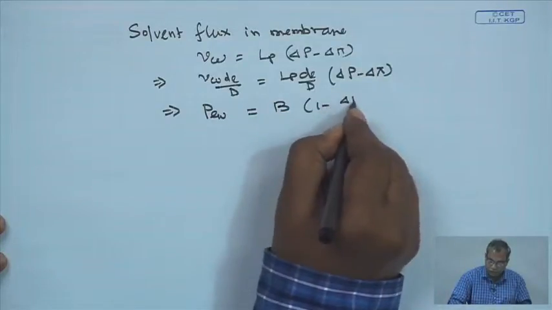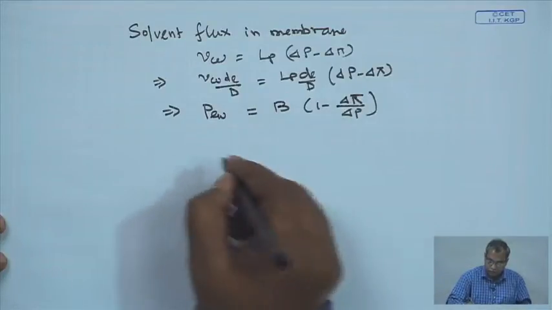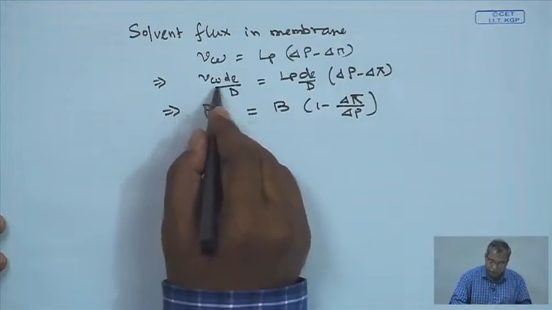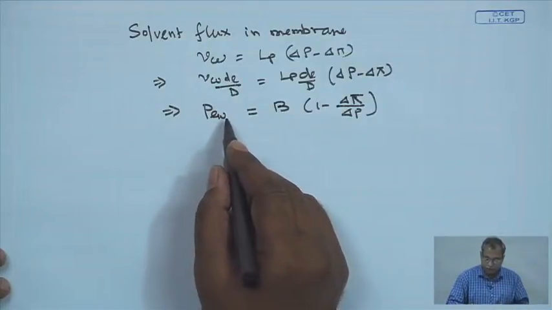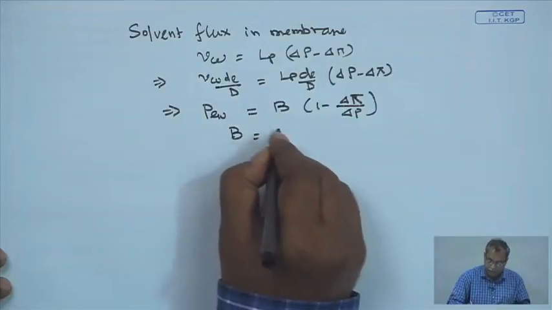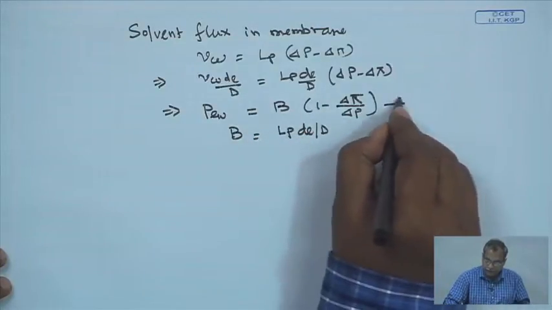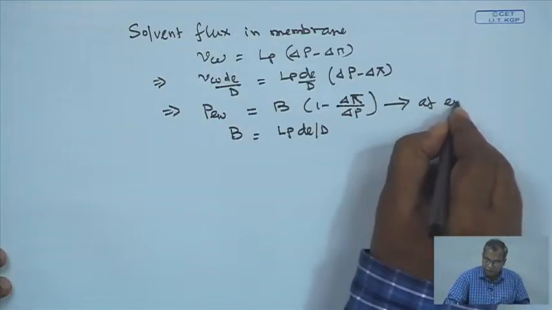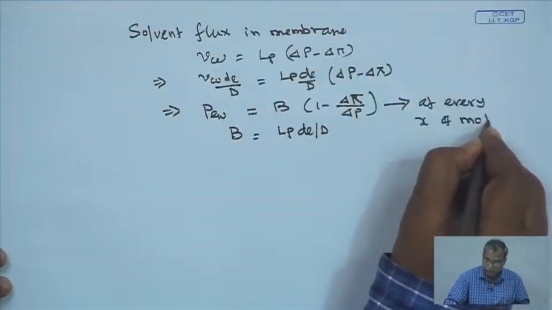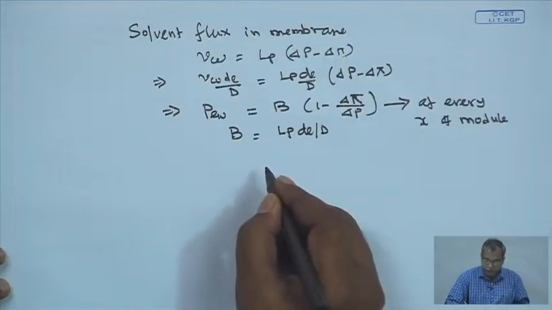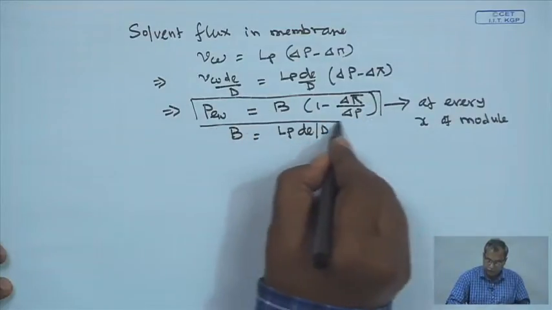So we write everything in the form of non-dimensional parameters. Pw is Vw d by D, a Peclet number, basically the non-dimensional permeate flux, and b is a non-dimensional parameter Lp d by D. So, this equation must be valid at every location of the module or channel. This will be the equation that will be satisfied everywhere.